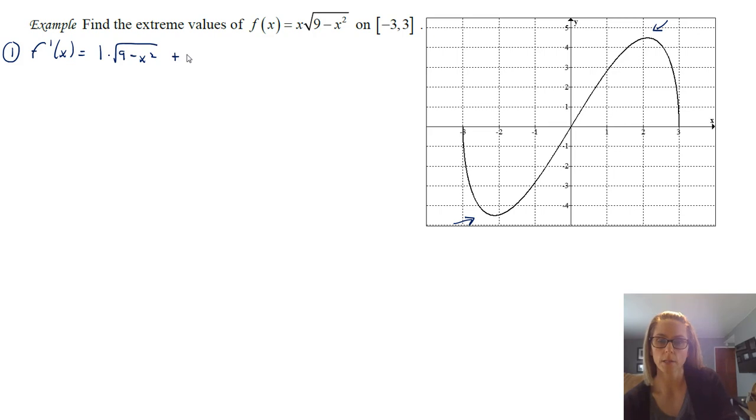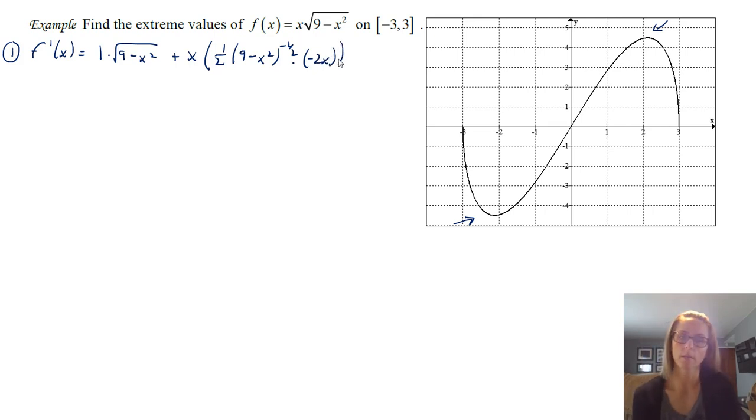And then I'm going to add to that x times the derivative of the square root of 9 minus x squared. So 9 minus x squared to the 1/2 is going to be 1/2 times 9 minus x squared to the negative 1/2 times a negative 2x.